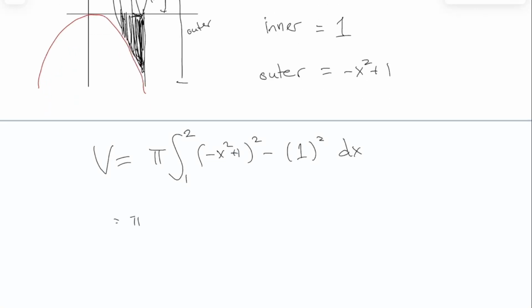Anyway, this is pi here, and then I go integral 1 to 2. I'm just simplifying here. Negative x squared, it's like this, right? Minus x squared plus 1 times minus x squared plus 1, and then you do the FOIL. So when you do the FOIL there, I believe you'll end up with x to the 4 minus 2x squared plus 1. That's the FOIL on that guy.